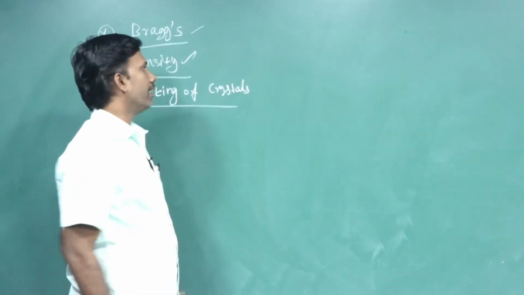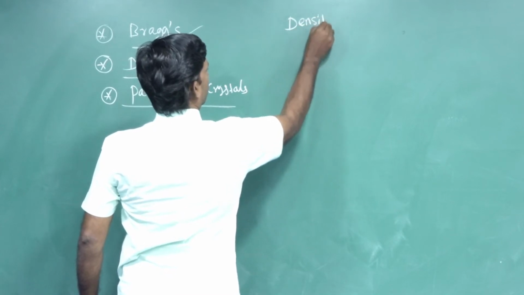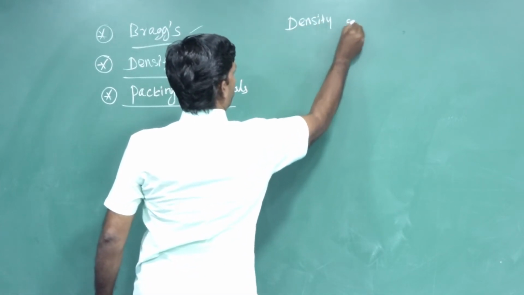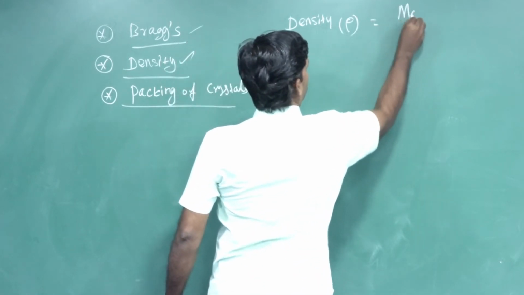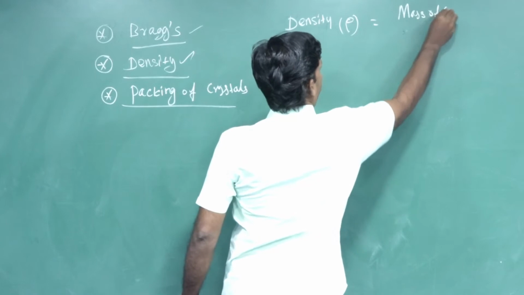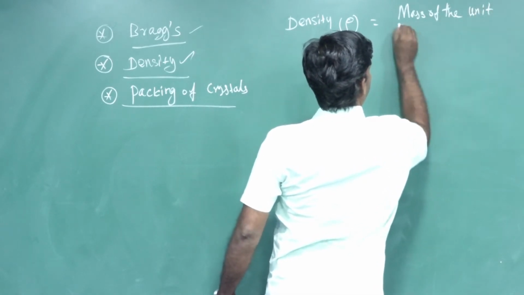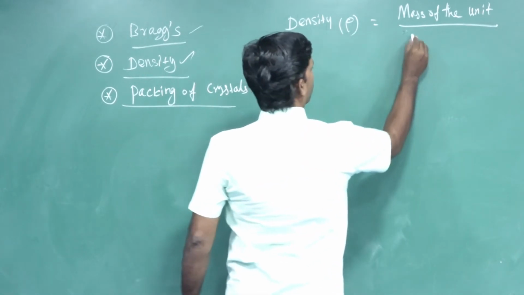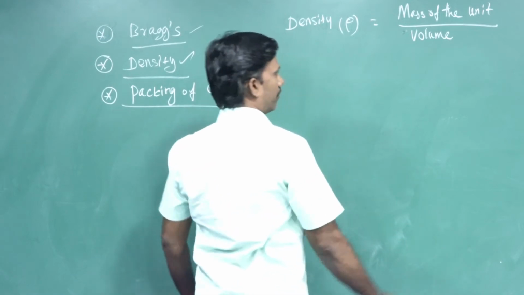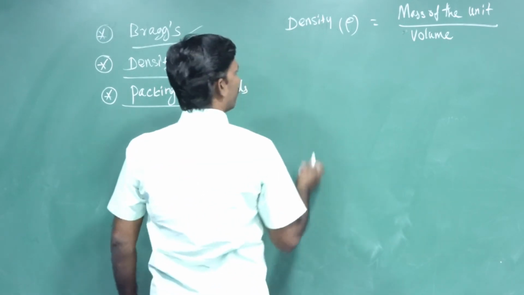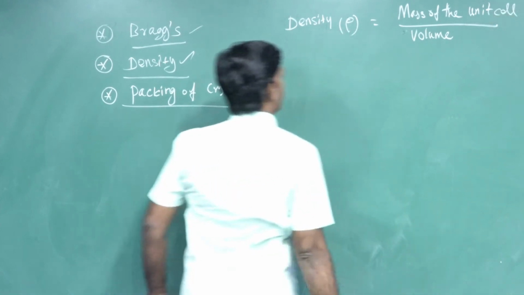Okay, let us calculate the density. Density rho is given by the mass of the unit cell divided by the volume. Then the mass of the unit cell we need to calculate.